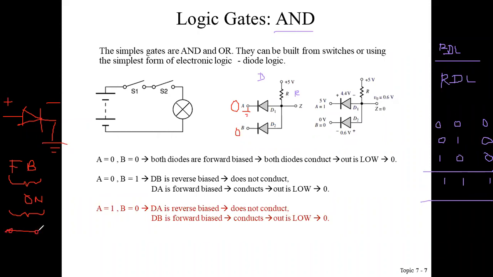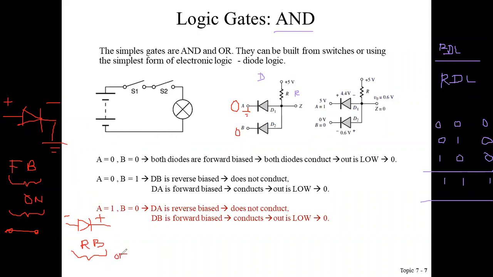If suppose it's opposite, another condition is also there. My anode of the diode is negative and cathode may be positive. Under this condition, this is called a reverse bias condition, and now it is called an off switch.